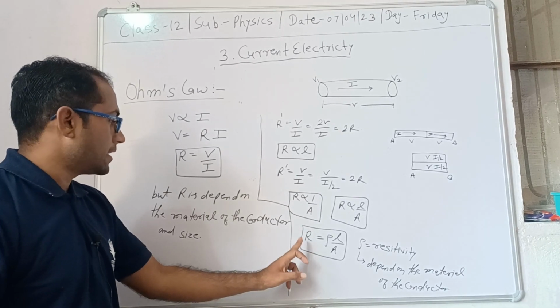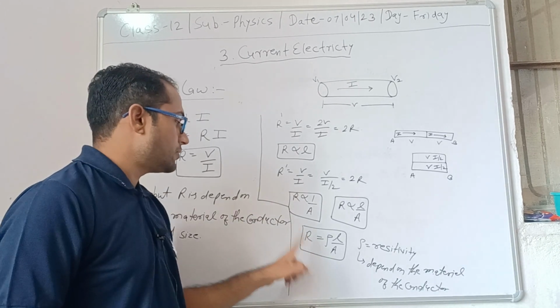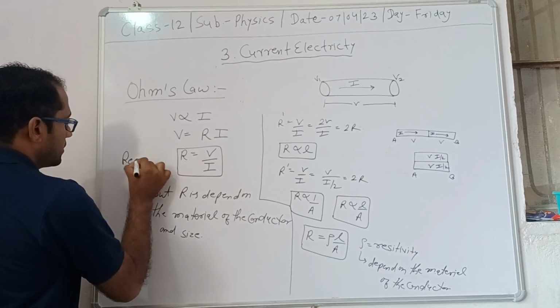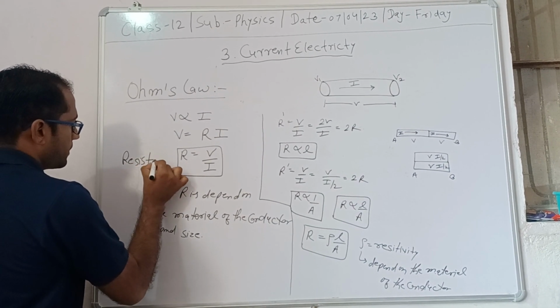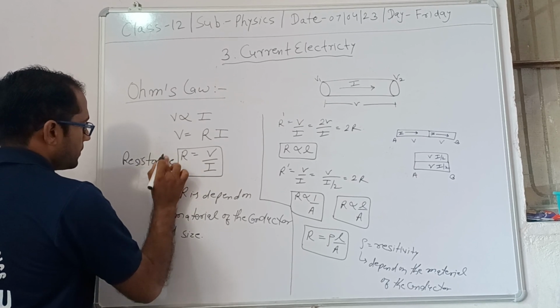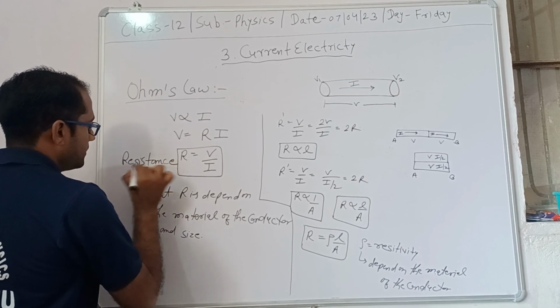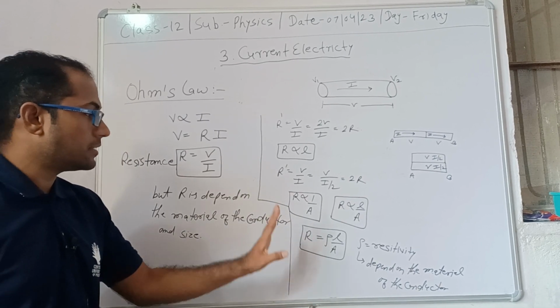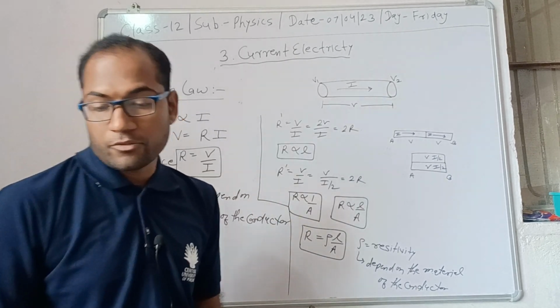So this is another formula to find the resistance, where R is resistance. This is another formula to find out the resistance of a conductor.